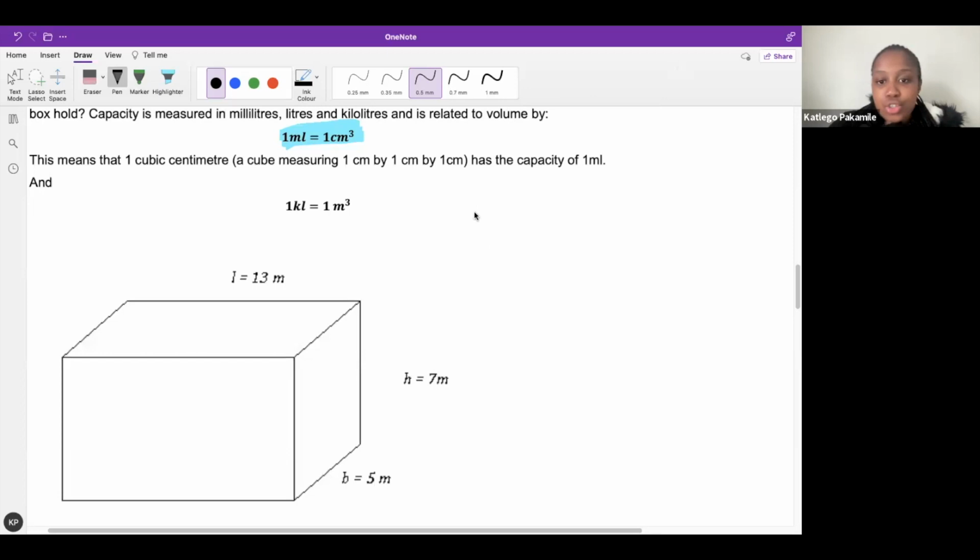Thank you very much. Volume is length times breadth times height. Then you just substitute, right? My length is 13 times my breadth, which is 5, times 7. Let's get out our calculators and figure out how much that is.